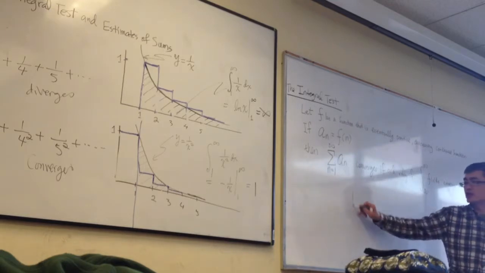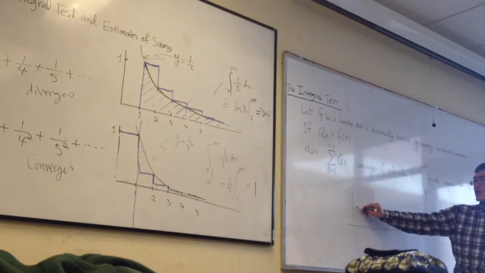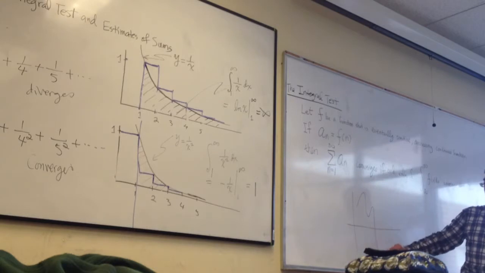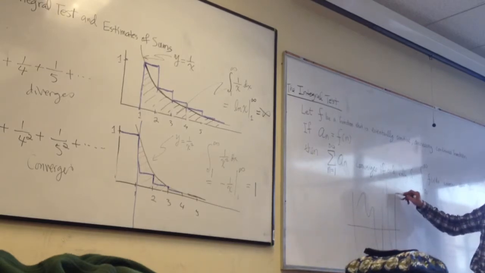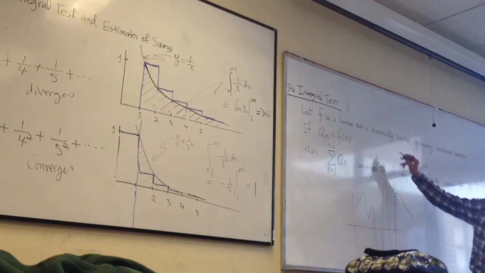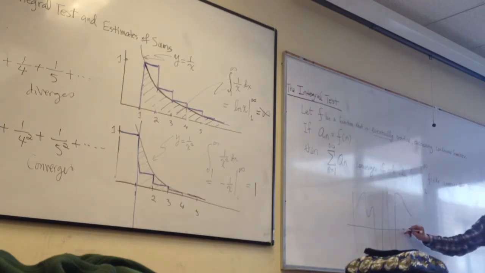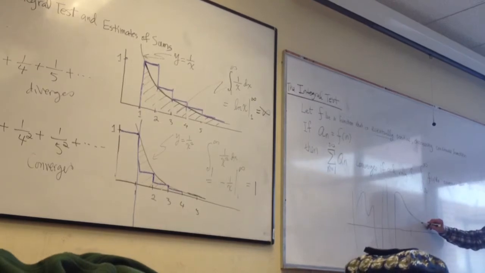So what it means is this. Suppose I have a function like this. I don't care what happens here. Could be even negative. I really don't care. But from a certain point onwards, when I say eventually, that means that from a certain point onwards, you find that this continuous function starts to be positive and decreasing. That's all I care about. What happened before?